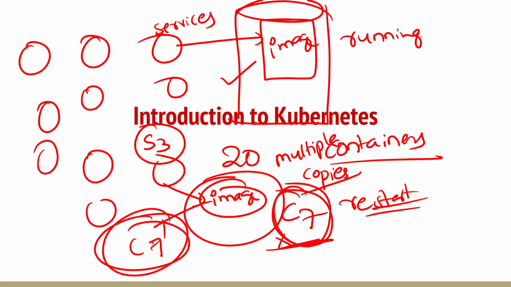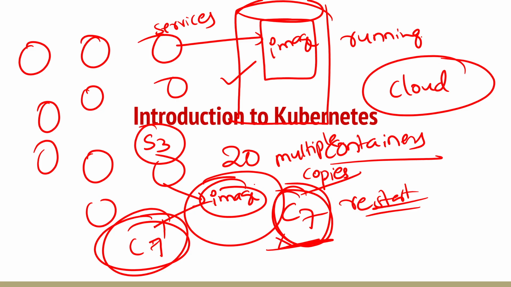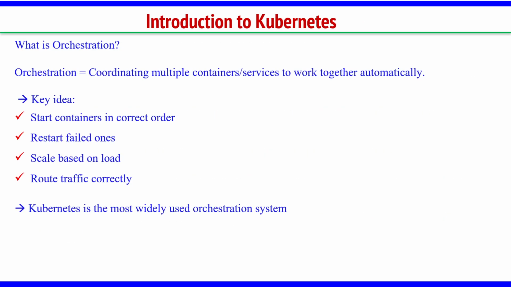Otherwise, if I deploy my container in the cloud, it is auto scalable and will take care of the increasing load. If you are not using the cloud, but deploying on-premise, on a private cloud or on a physical server, then Kubernetes will help us in doing that. So that is about Kubernetes.